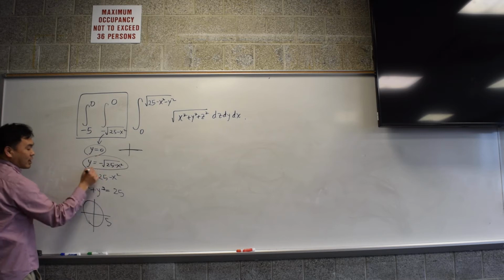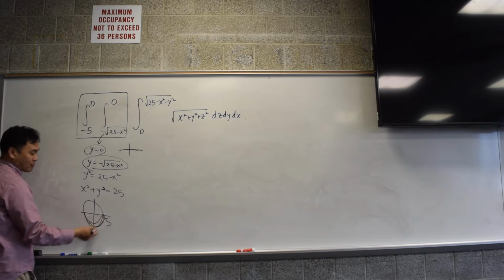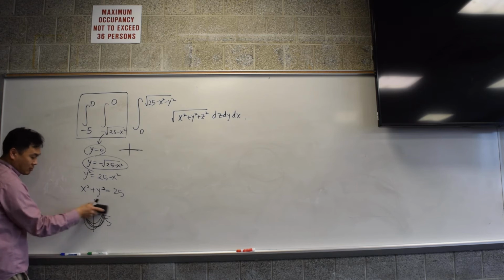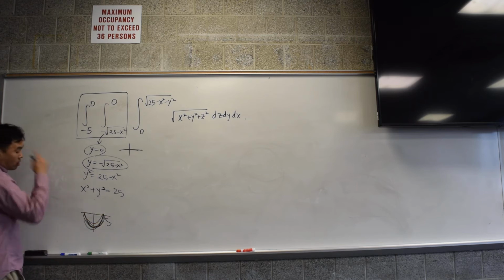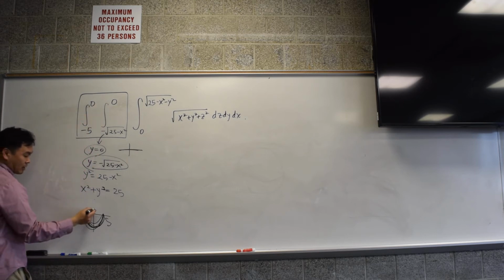However, this is not going to give you the entire circle. It's only going to give you the bottom half because y can only take negative values. And on this region, x is limited to negative 5 to 0.